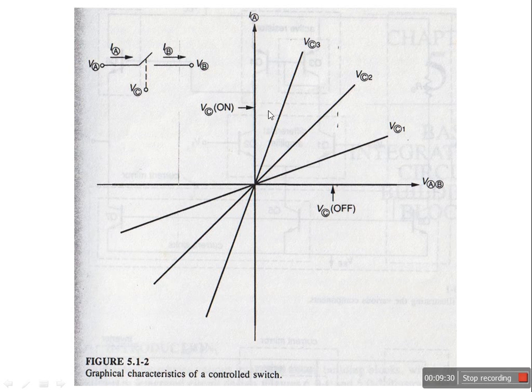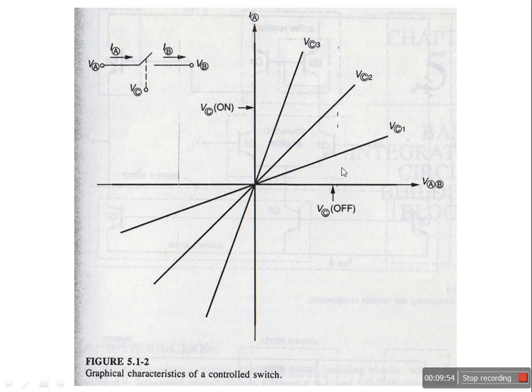At this y-axis, the value of VAB, or the value of the term at x-axis, is 0. So in the on condition, when VC is such that it is switching on the current between terminal A and B, the current may have any value, but the voltage across the switch is 0.